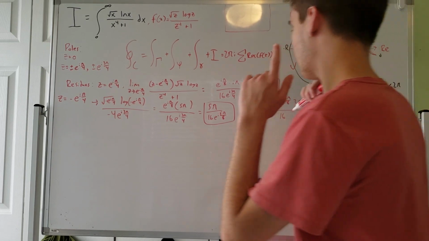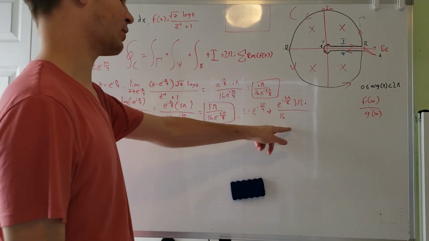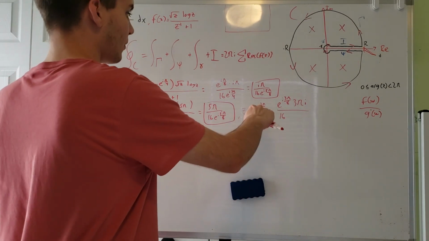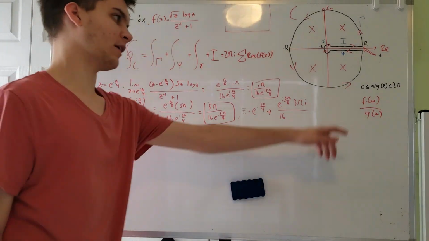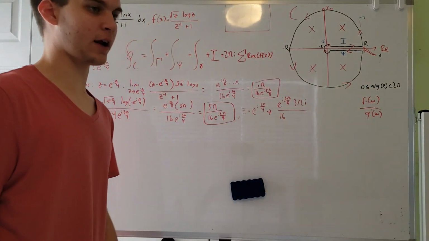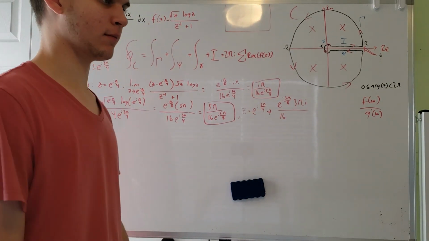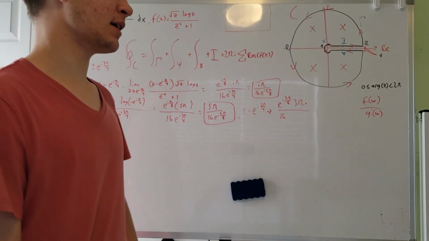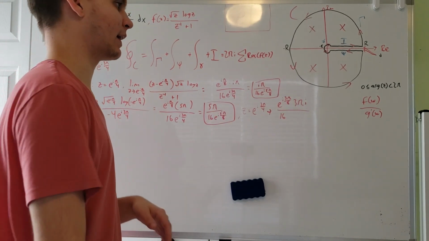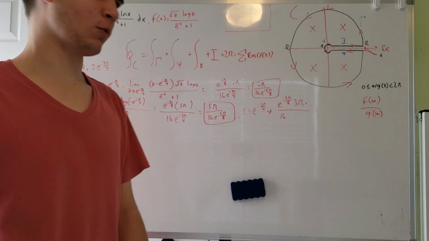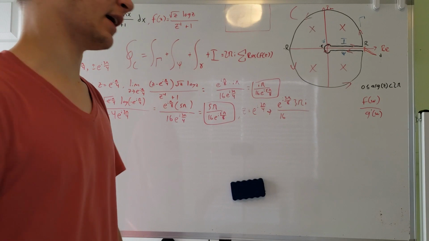So, when we have the 4z cubed, which we already took care of before, when we cube this, we're going to get e to the i 9 pi over 4. But that would violate our restriction of the angle, because our angle is greater than 2 pi. So we have to sort of, I don't know if normalize is the right word, but just set it back. You have to subtract 2 pi until we get it within our range, which we only have to do once. So e to the i 9 pi over 4 is the same thing as e to the i pi over 4.